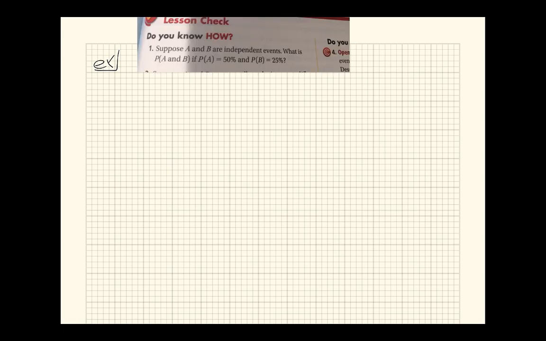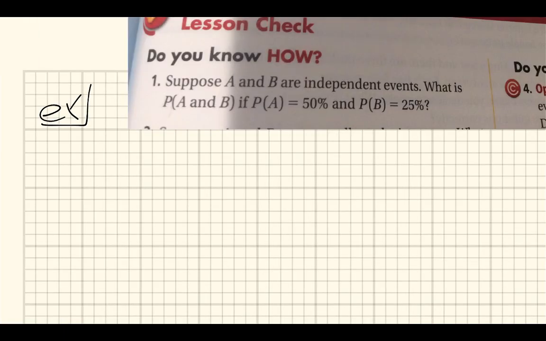Let's look at this one. Just to make sure you guys understand what to do with the ANDs.